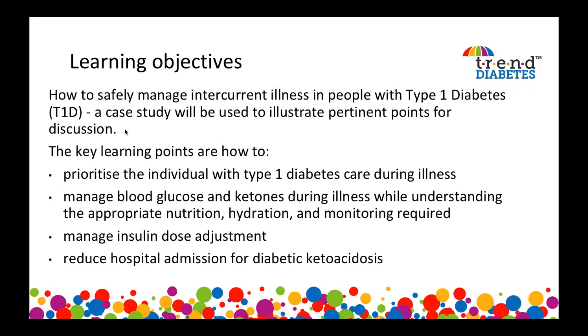The key learning points are how we prioritise the individual with type 1 diabetes and their care during illness, how we manage blood glucose and ketones during illness, whilst also taking into account the appropriate nutrition, hydration and monitoring that's needed, how to manage insulin dose adjustment, and hopefully how we can reduce hospital admission for diabetic ketoacidosis.